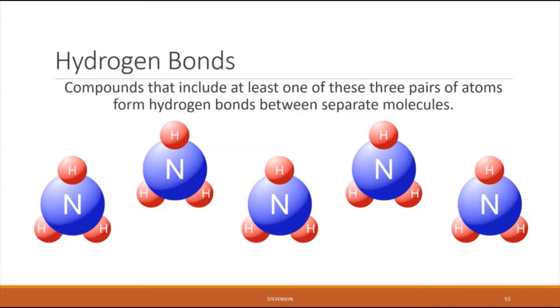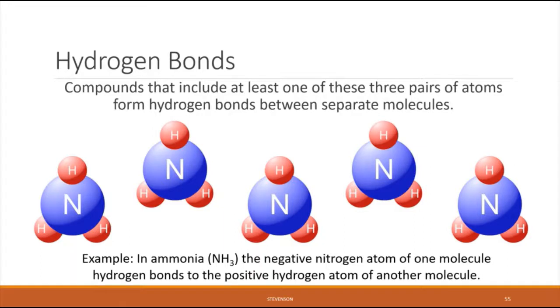So compounds that contain at least one of those three pairs, that is H with F, H with O, or H with N, there is a high level of attraction between separate molecules within those samples. Here we have the example of the chemical compound ammonia, which has the chemical formula NH3, which is a nitrogen bonded to 3 hydrogen atoms.